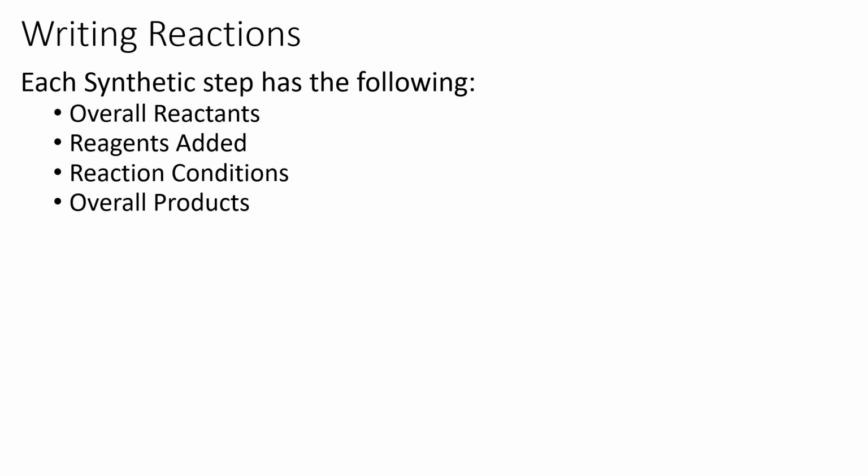When we're writing our reaction, each synthetic step will have the following information. It'll have the overall reactants. Remember, it may be more than one reactant that we put into our reaction flask. It'll tell us the reagents that we have to add, so any information that'll help us get from the starting material into the next compound. It'll also tell us a little bit about our reaction conditions, and it will give us the overall products.